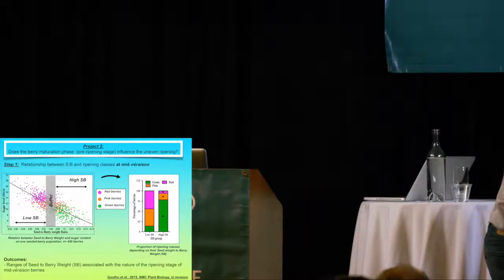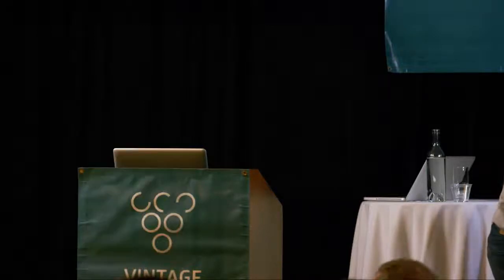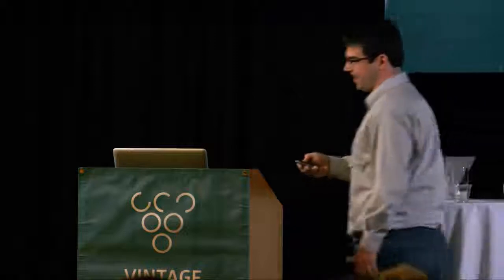So, low SB, mostly advanced berries; high SB, green berries. It looks like the range of seed to berry weight seems to be associated with the nature of the berry class you observe at mid-veraison. So the second step was to determine the relation between SB and ripening classes during the ripening stage.